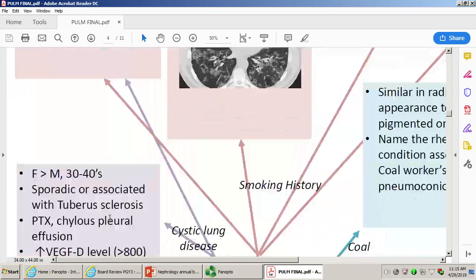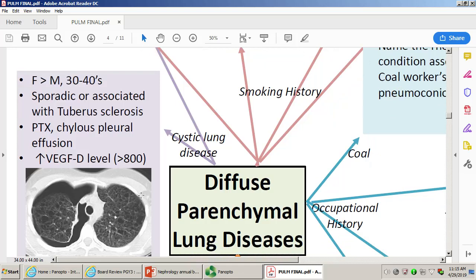So our other cystic lung disease usually affects females more often than males, middle-aged. It can happen sporadically or in association with tuberous sclerosis. This is LAM, lymphangioleiomyomatosis.